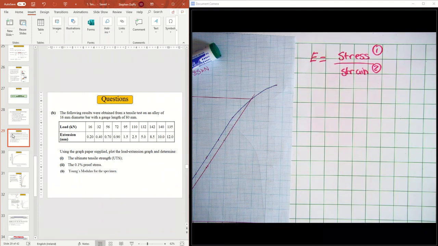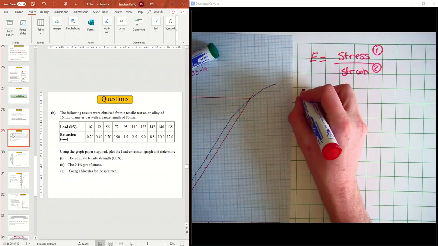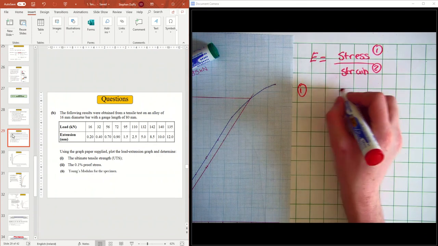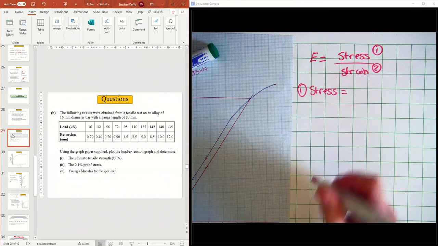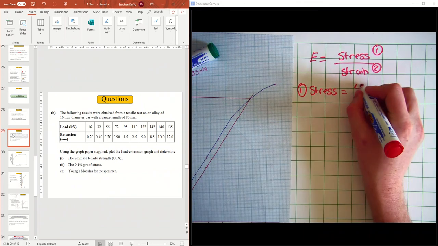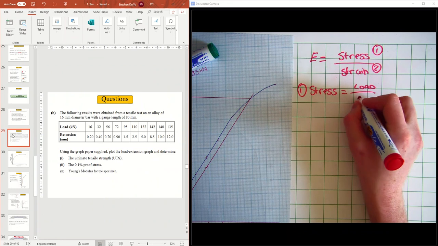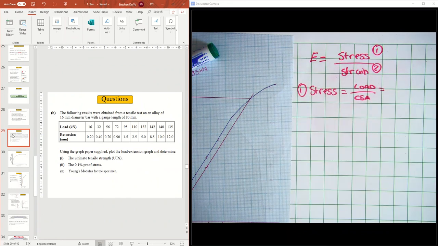So the first thing I need to find is these two values here. First I need to find the stress. We said that the formula for stress was load divided by CSA. I said that this has to be calculated in the elastic region of the graph. From this, I know that these first couple of points are in the elastic region.